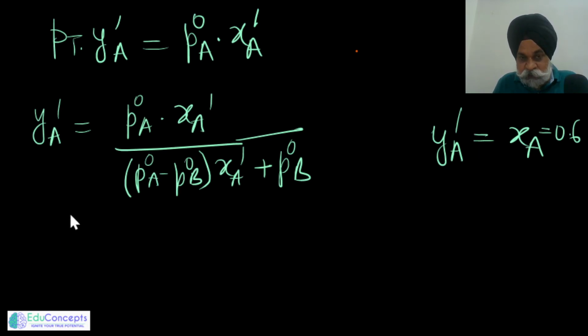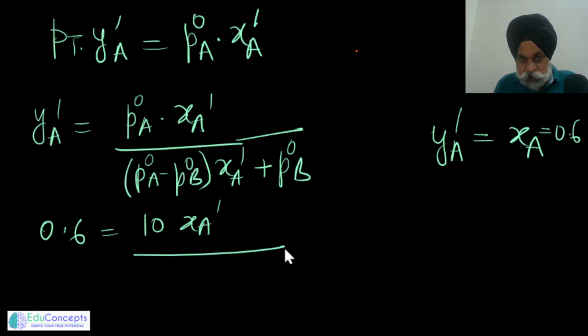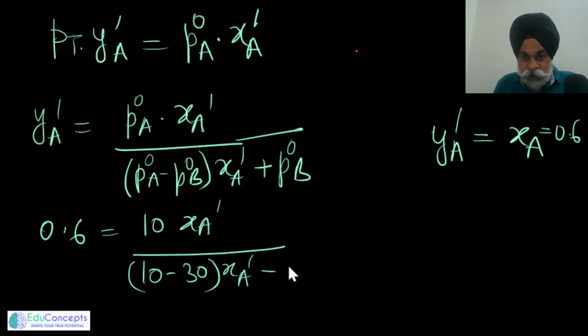So from here what we can get is: YA dash is 0.6, and this is 10, XA dash we want to find out, and this becomes (10 minus 30) XA dash plus P naught B. P naught B was 30. So if we solve this out, what shall we get?